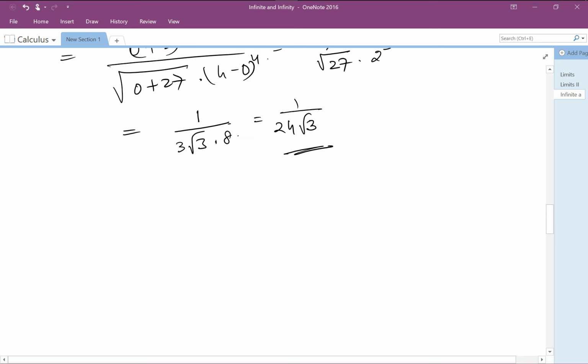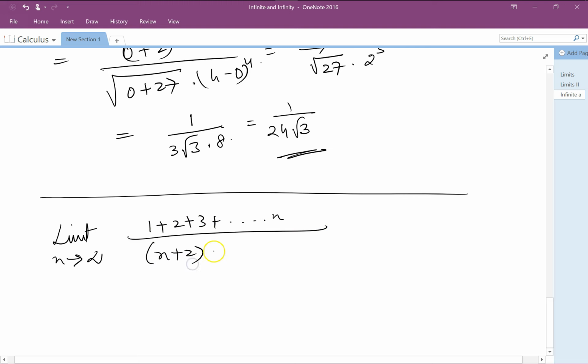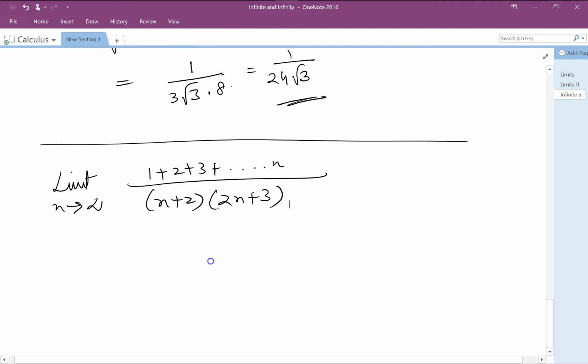Okay, one final one. Now let's do a few more. I'm really enjoying it. Do limit as n approaches infinity of (1 plus 2 plus 3 plus ... n) by (n plus 2)(2n plus 3). Now again you have to remember the various identities, right?